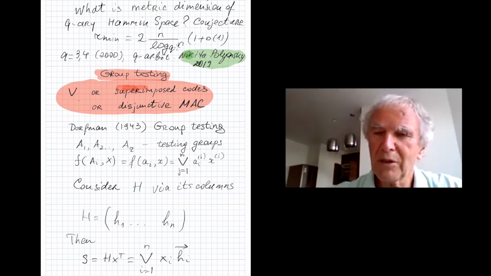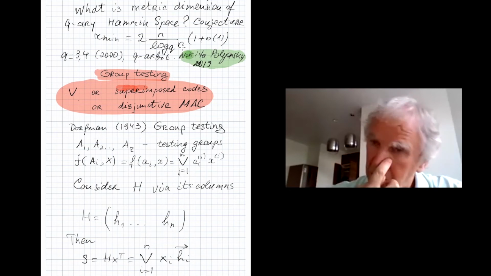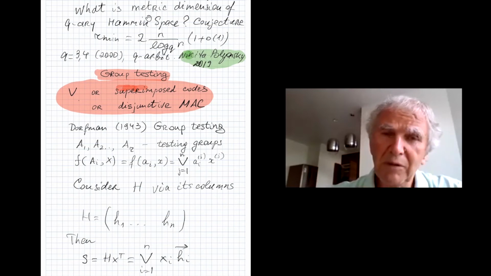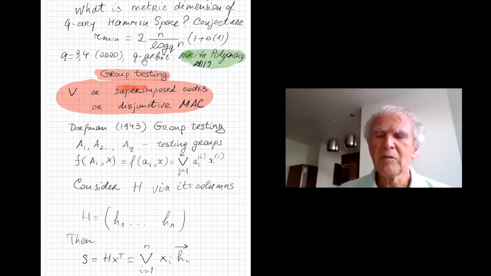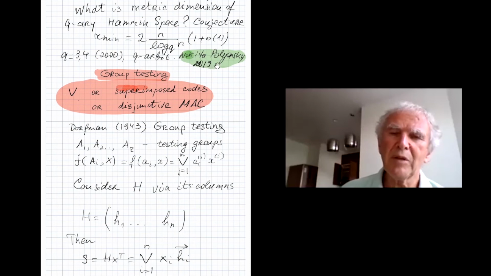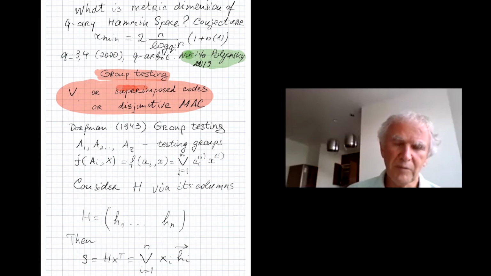Why not consider the q-ary Hamming space? And then Volodya Lebedev and I gave a conjecture that the dimension will be, again, 2 times n divided by log n, but the log should be q-ary in this case. And we proved it for dimensions 3 and 4.